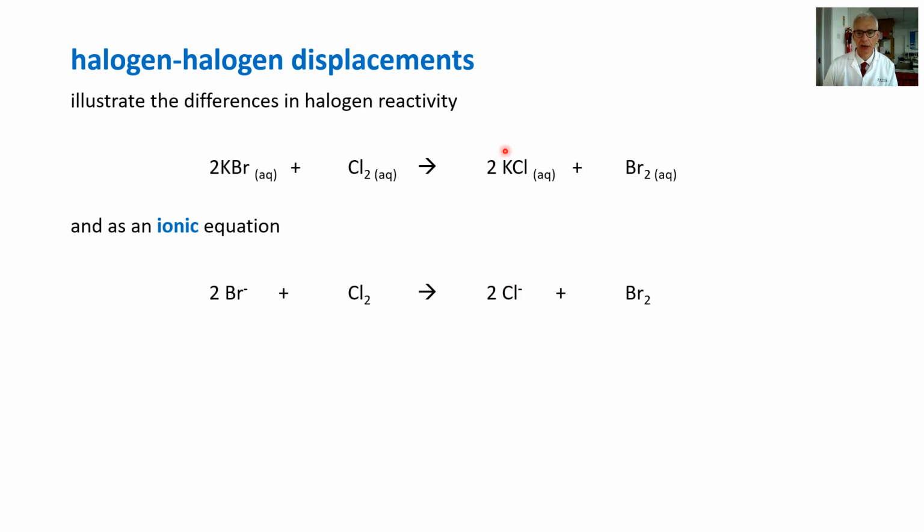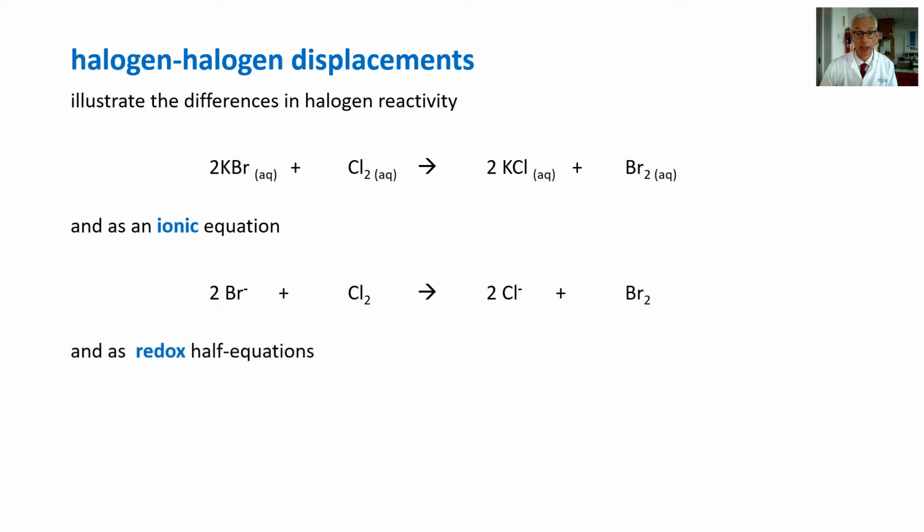Well, potassium is in the form of an aqueous positive ion in the products and is in the form of an aqueous positive ion in the reactants. So therefore it has not undergone any change. It is spectating, and spectator ions are omitted from ionic equations.